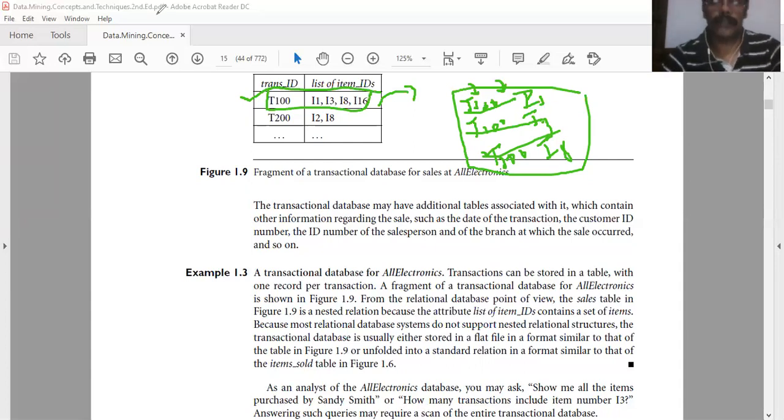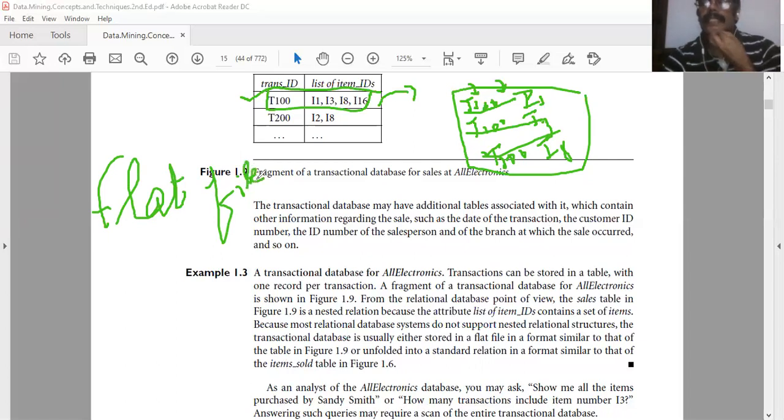So the first method is to use a flat file to represent the transactional database.